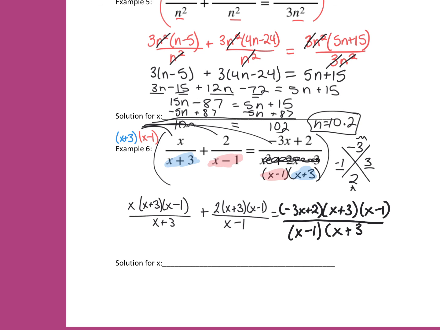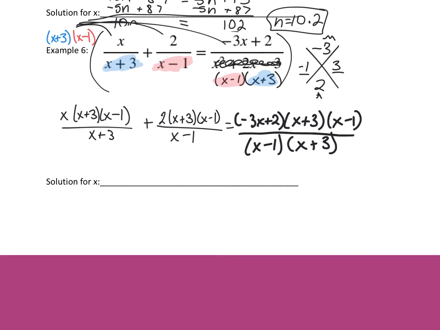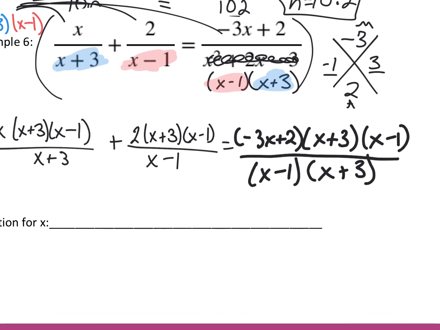So it's a lot of writing, but again, nothing too hard here. Hey, I already found something we can cancel out. Did you? Yep. On that first one, you cancel out the x plus 3s on top and bottom. Okay, so we'd be left with x times x minus 1. Perfect.